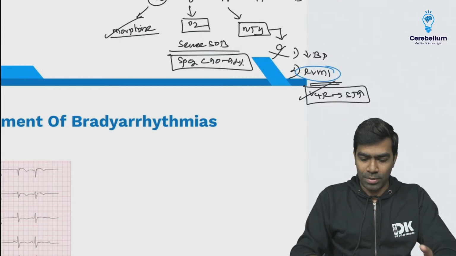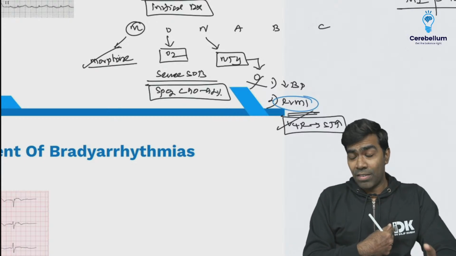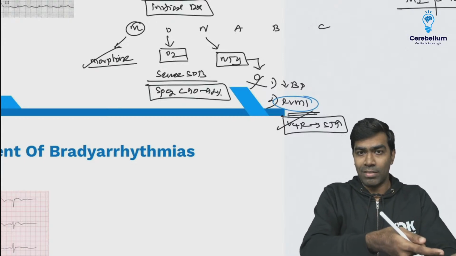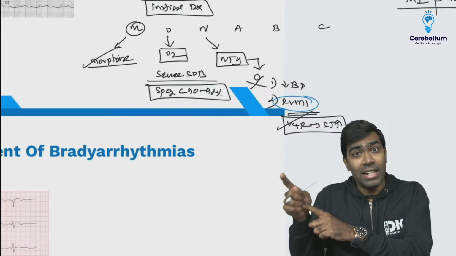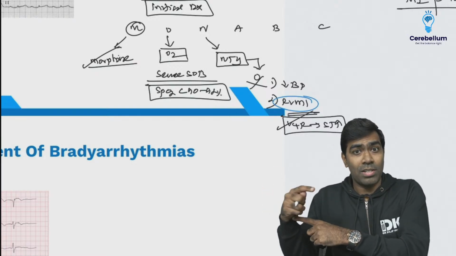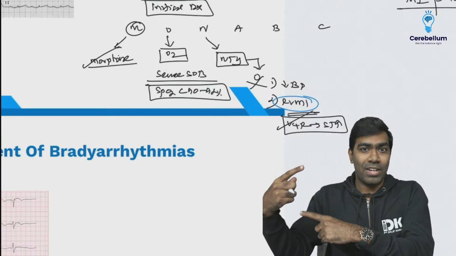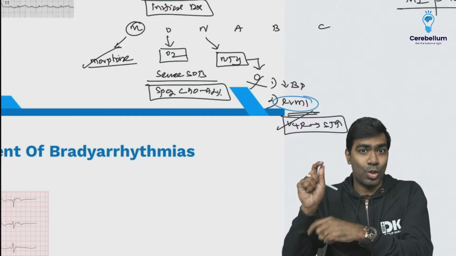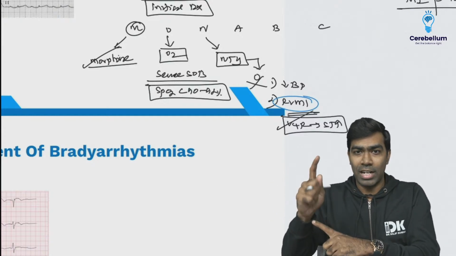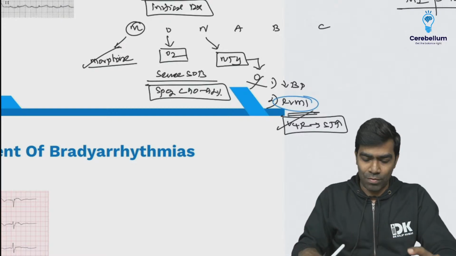That's a very important point. Remember, the left ventricle may be inotrope sensitive. It responds well to inotropes, but the right ventricle is preload sensitive. It responds when you increase the preload. The right ventricle doesn't have a good musculature, so it doesn't respond to inotropes well. That's why the right ventricle is preload sensitive. You have to be very careful.